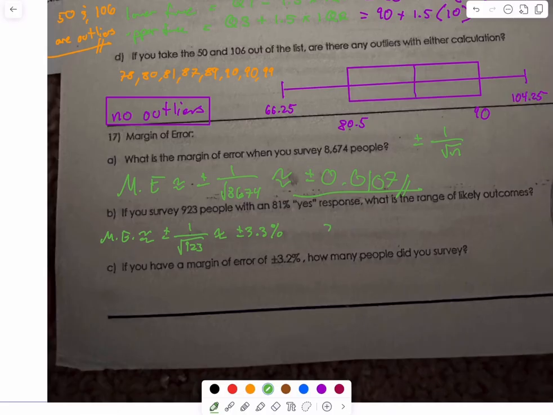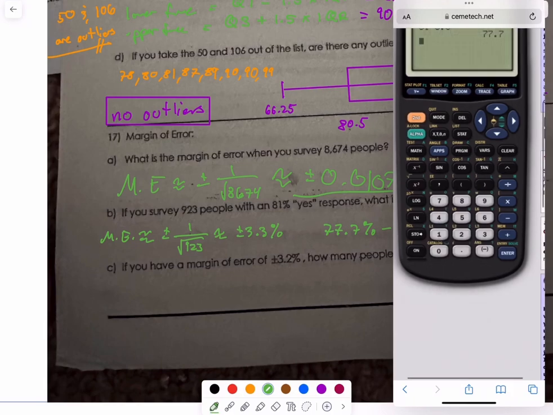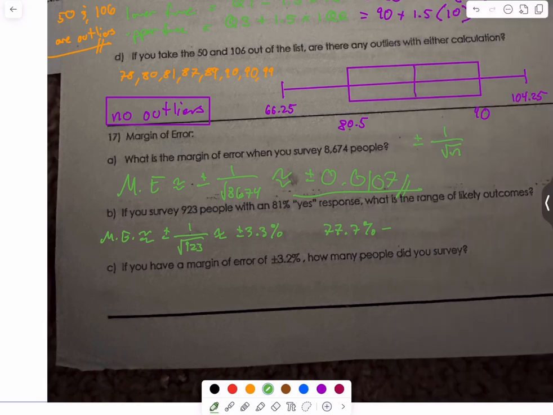So we're getting a range of 77.7% to 84.3%.